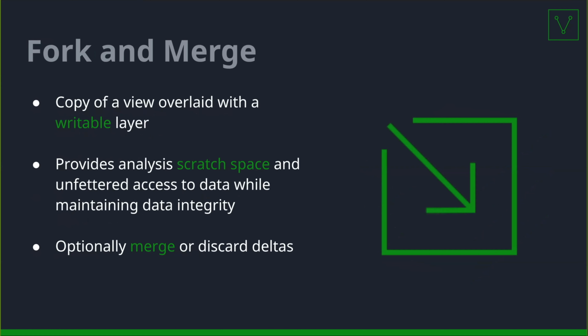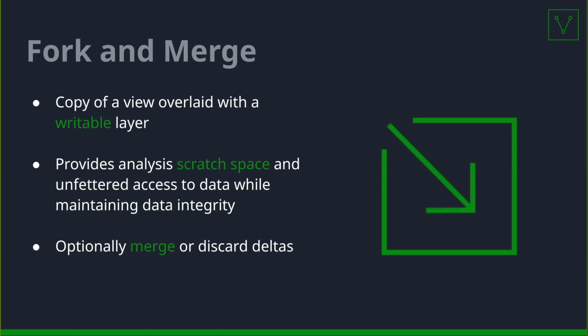Then, when you have that read-only copy of that existing view, you create a writable layer on top that you own and control. What that does is it gives us as analysts unfettered access to the underlying data, the existing data and assessments that we can use for our analysis, and it gives us a scratch space where we can work freely to add data to the system, but most importantly, keep that data separate from our production data.